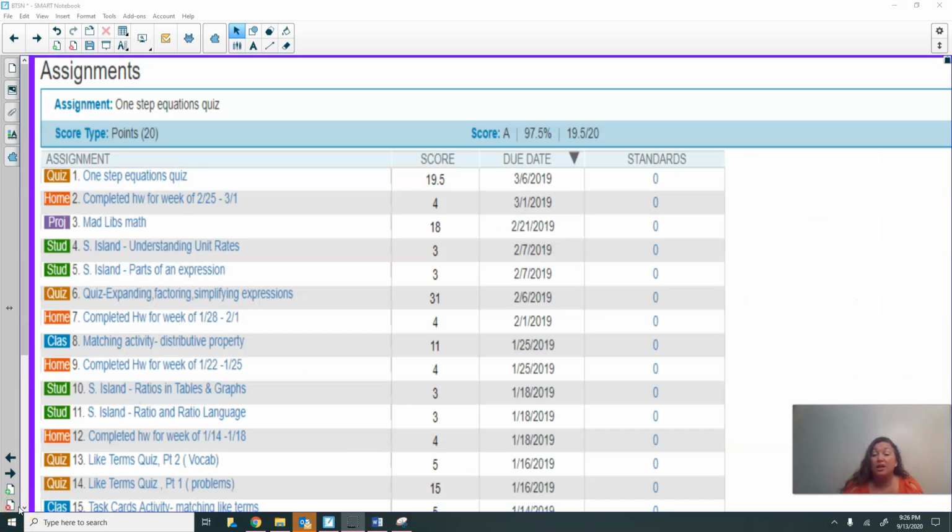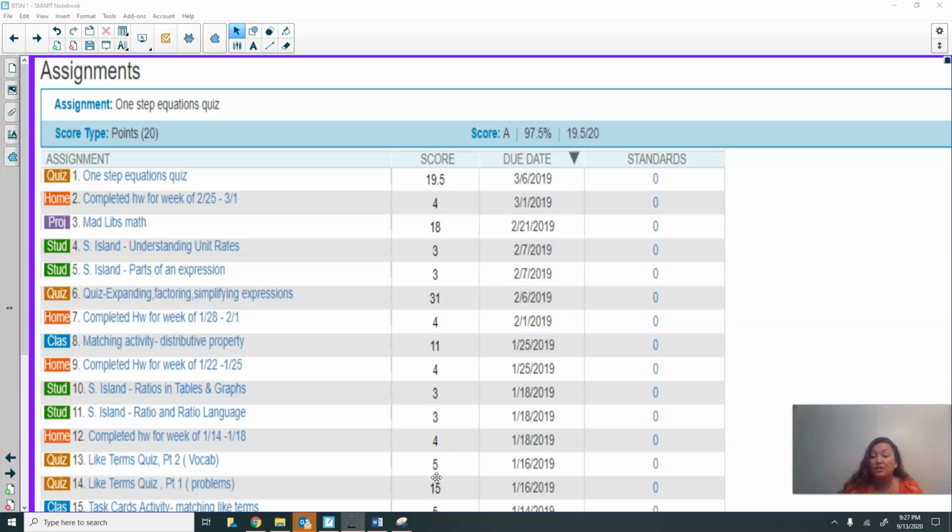If you clicked on the math percentage, you would be able to see all the individual assignments. You can see that this person took a one-step equation quiz, and the points they earned were 19.5 out of 20. They did homework for the week, and so forth. You can see all these assignments and how many points they got. So that is available to you also.